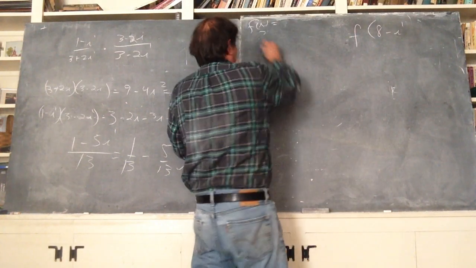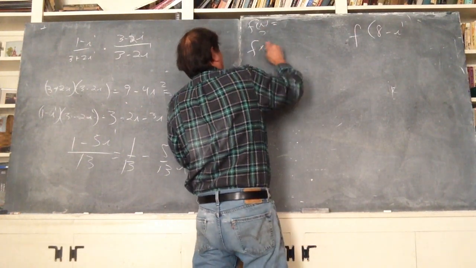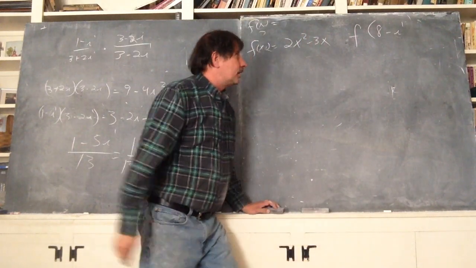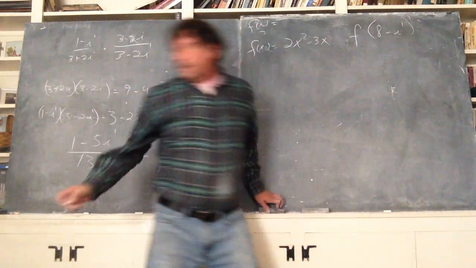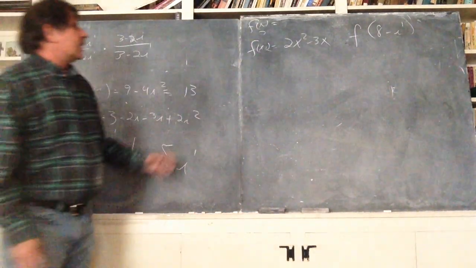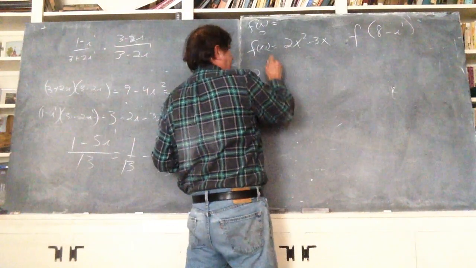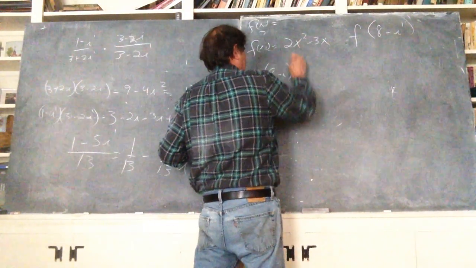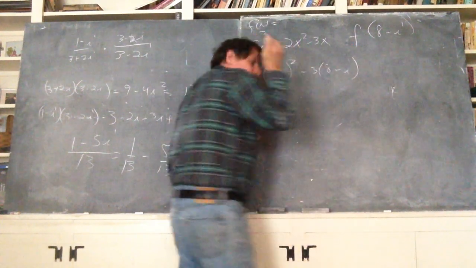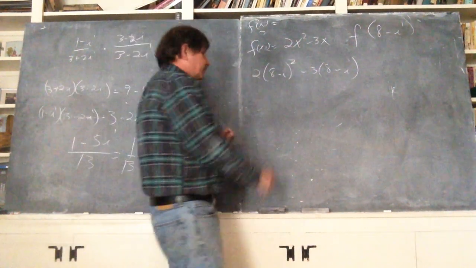I copied the problem down. F of x is 2x squared minus 3x, and they want the function's value at 8 minus i. That makes it a little bit easier. Oh yeah, I did this already. So now we're going 2 times 8 minus i squared minus 3, and then we just do algebra.